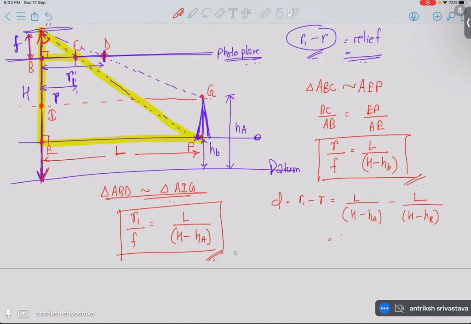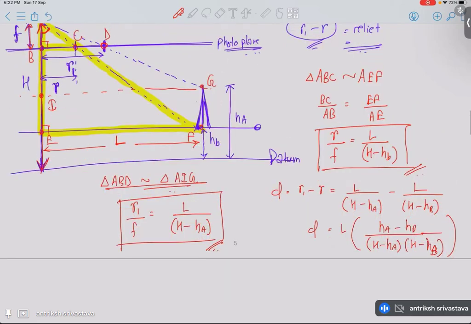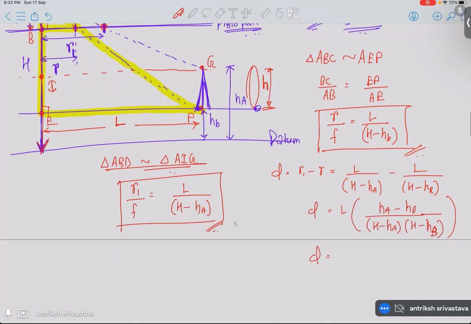We take L common, and we do some kind of arithmetic, and you'll get to see that on the top you have HA minus HB. What is actually HA minus HB? HA minus HB is nothing but the actual height of the tower. So let's replace this by that. So D is equal to LH by H minus HA and H minus HB.